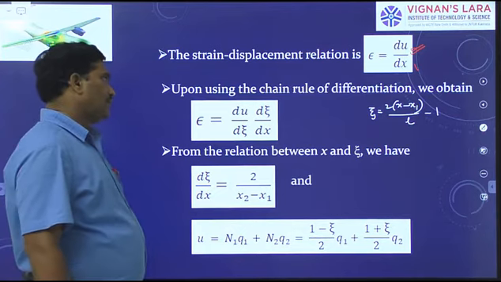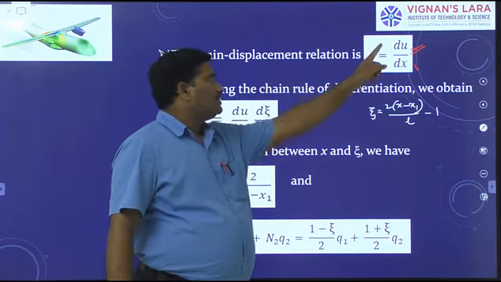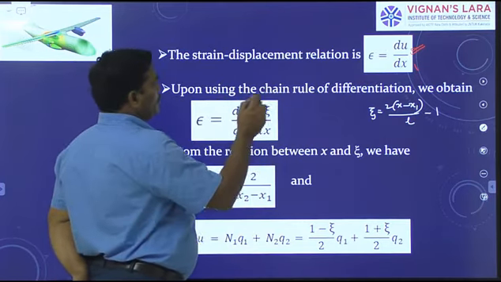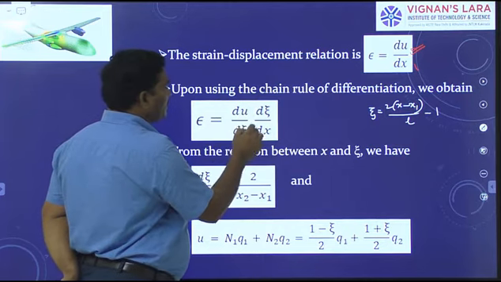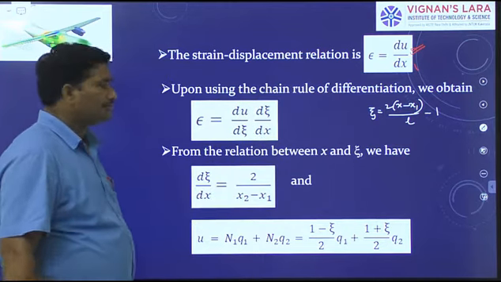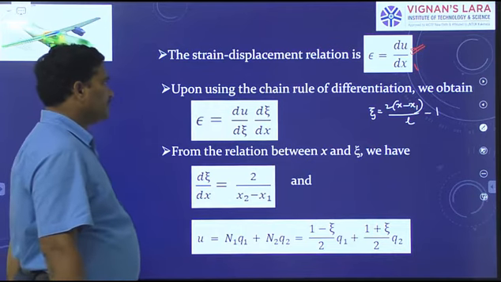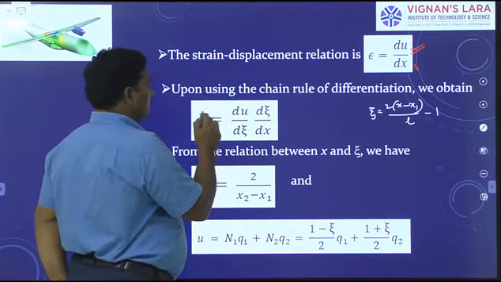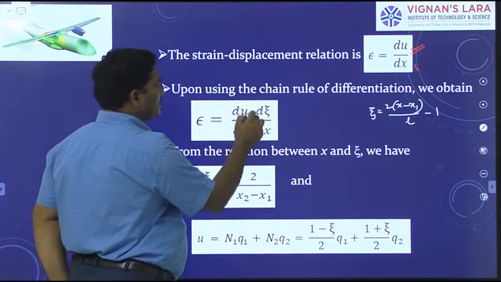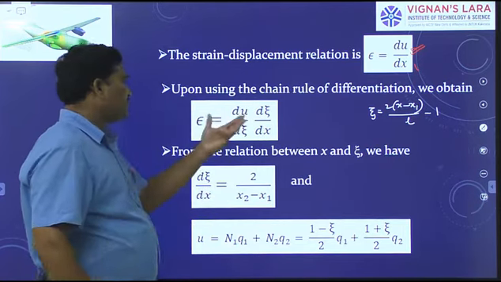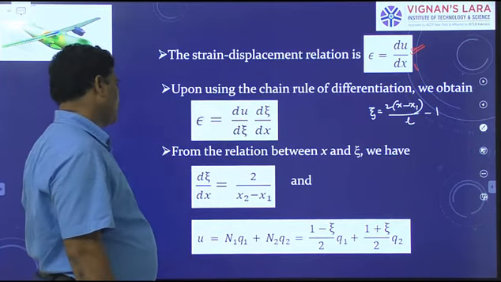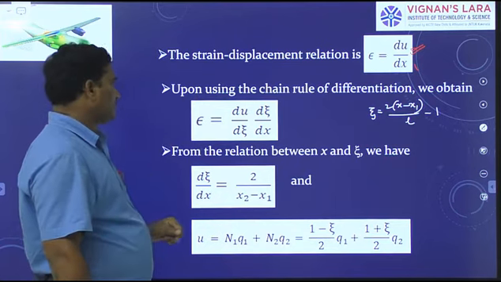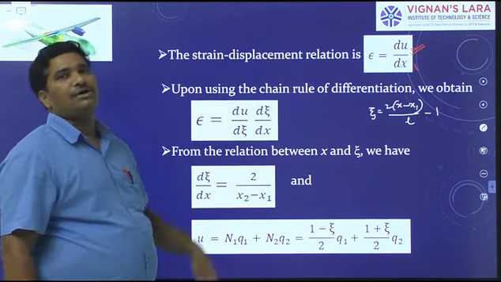Understand? So therefore, we can write this du/dx as epsilon equals du/dξ into dξ/dx. This is the chain rule of differentiation. Now, du/dξ, that we have to determine, and dξ/dx, that also we have to determine.